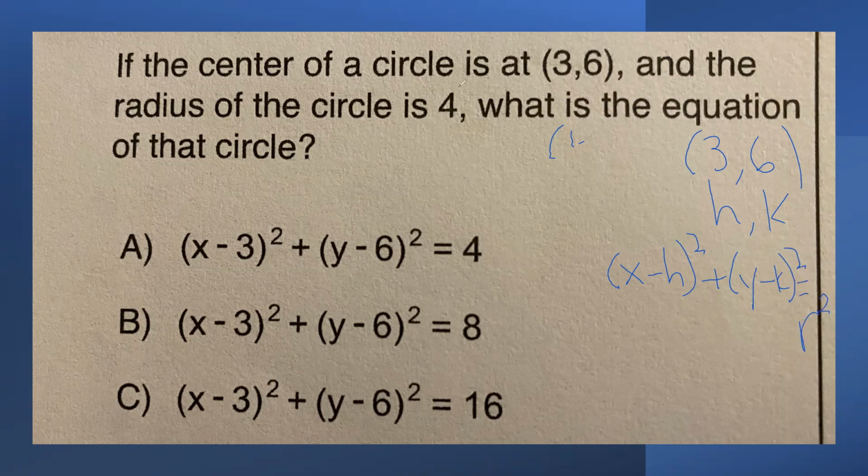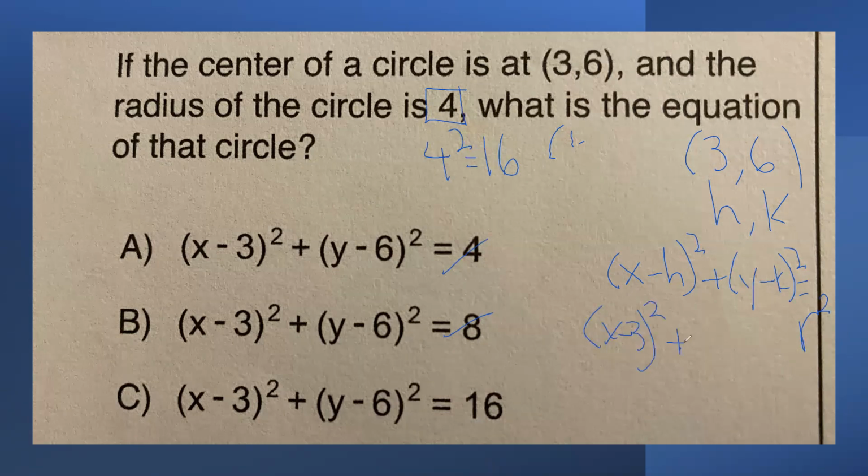So my radius is 4. 4 squared is 16. So we can eliminate those answers. So it has to be C, but there was a D, so let's make sure. So h is 3, so it would be x minus 3 plus y minus 6, quantity squared, is equal to 4 squared or 16.